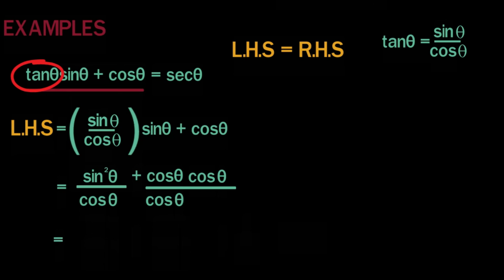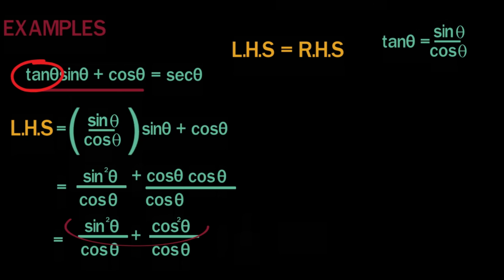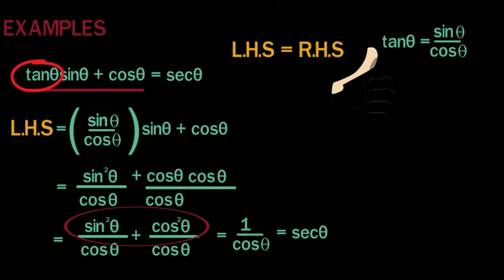Then we get sine square theta over cos theta plus cos square theta over cos theta. Then you get sine square theta plus cos square theta, which based on the trigonometric identity is 1, over cos theta. And 1 over cos theta is secant theta, which is the right hand side.